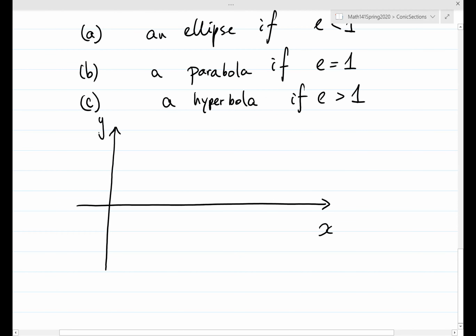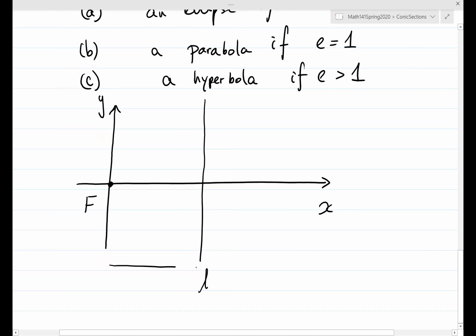To make our life easier, we choose F as the origin O, and we choose the line L here such that the distance from F to the line L is D.